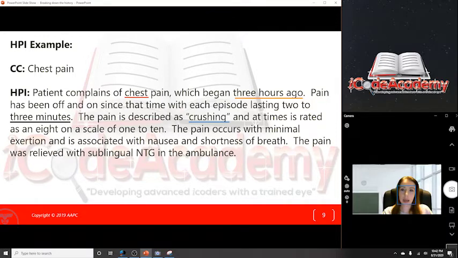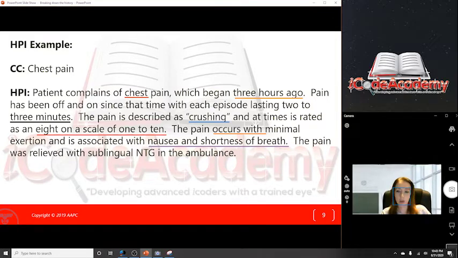Then we can see that at times they rate it at an 8 on a pain scale of 1 to 10. So this is going to be the severity. How severe is the pain for the patient? The pain occurs with minimal exertion. So when the pain occurs, that explains to us the context. What is happening? We also can see that the patient is experiencing nausea and shortness of breath in addition to the chest pain.